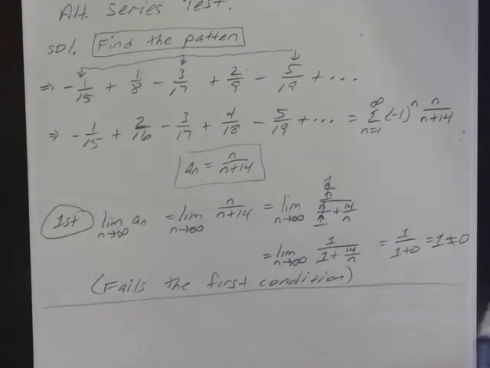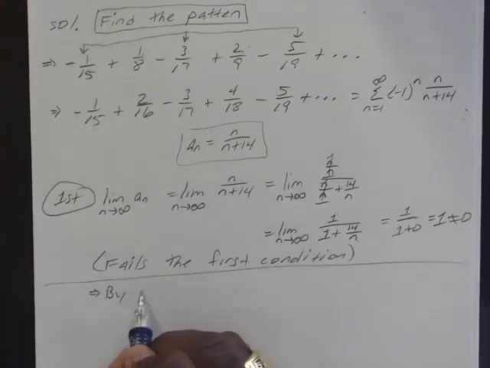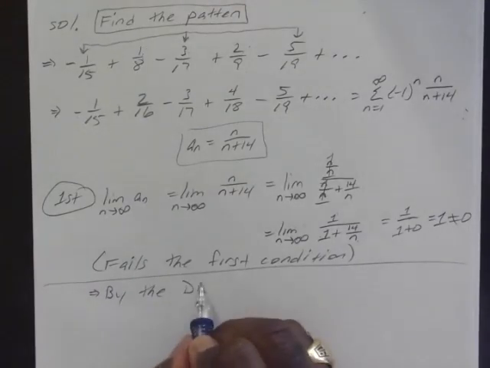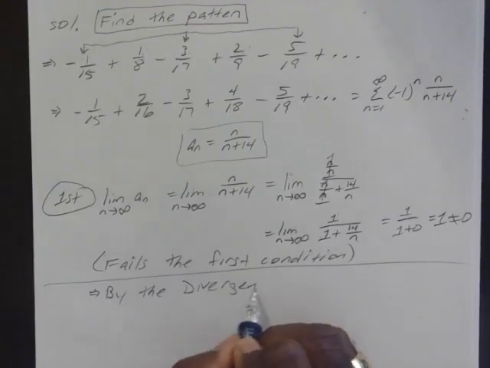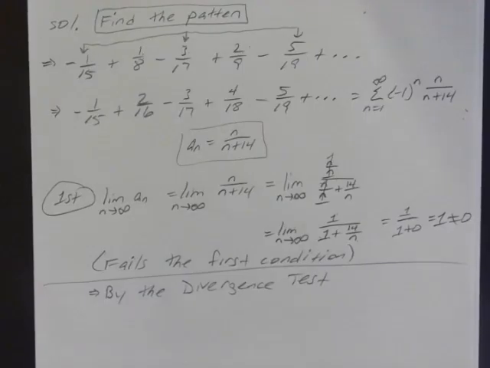But since it failed the first condition, we always have a backup. So we know that by the divergence test, we can use that to find convergence or divergence.